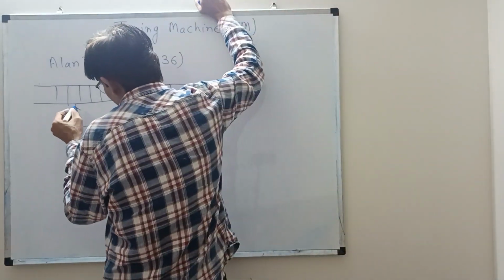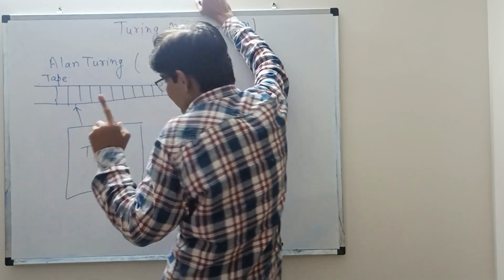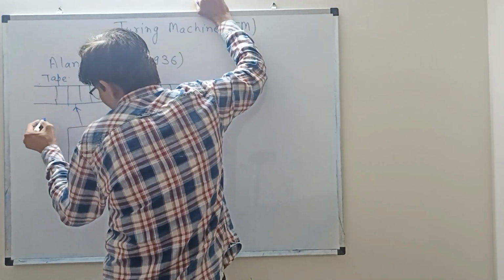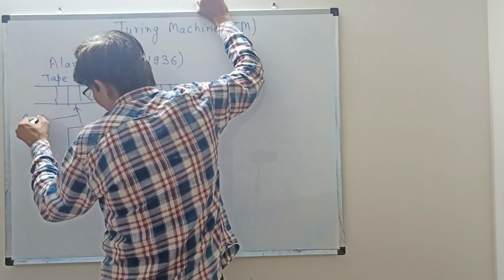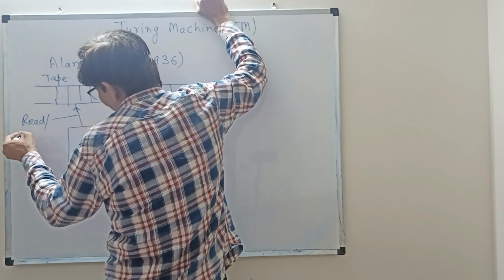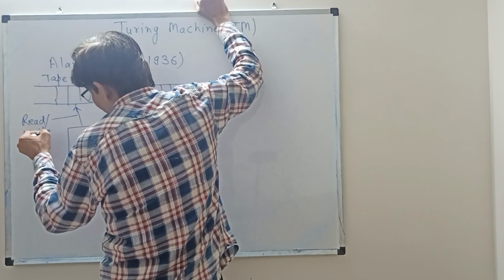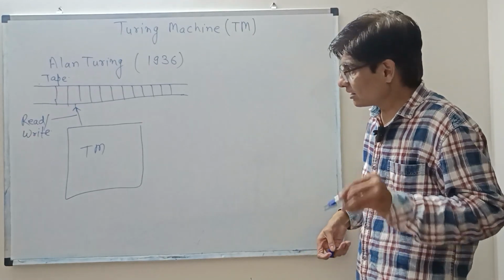It is infinite at both ends, so it is called the input tape. And in this particular machine, this is a read write head. In all the mathematical models that we have discussed till now, this head was a read head only. But in Turing machine, this is a read write head.